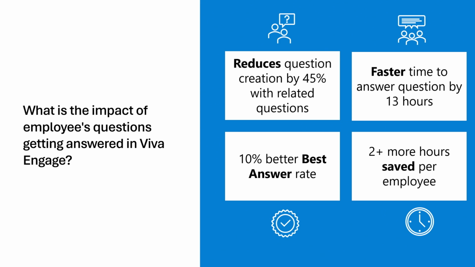So that they can get what they want even faster. As a result of this, we're also seeing through the expert routing and the Answers tab that we're having a faster time to answers by 13 hours. So in some networks, let's say it was 24 hours to get an answer, now you're down to 11. It's one day, but it's not a full day. In many organizations, we're seeing it about 4 or 5. So within half a day, the person's getting an answer, and you're starting to get that engagement.